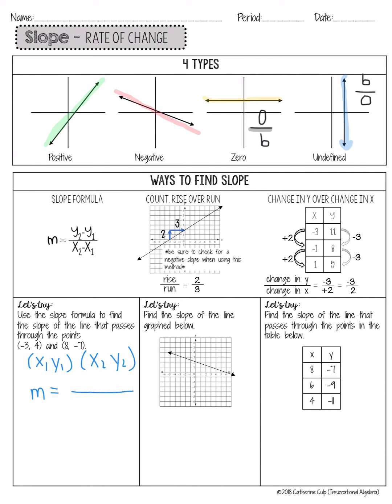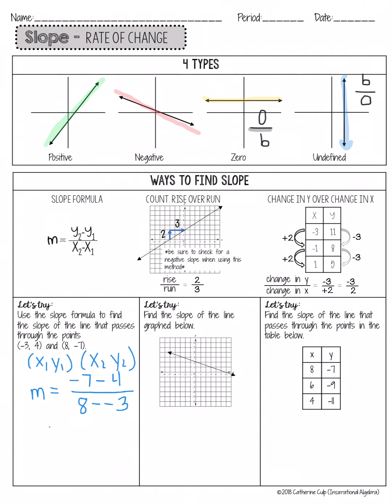I'm going to start with my y2. I'm going to write negative 7 minus y1 is positive 4. And on the bottom, I'm going to go back to the x coordinate, or the y coordinate in the second ordered pair, which is 8. And I'm going to be subtracting negative 3.